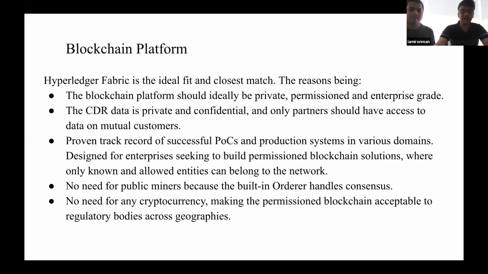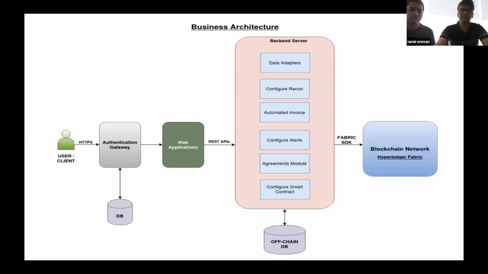So we are looking at Hyperledger Fabric, because it's a private platform, and there's no need for miners, so no high computation power required. We have the orderer that handles the consensus algorithms, and no cryptocurrency is required. So we feel that it's the best platform that we could use.